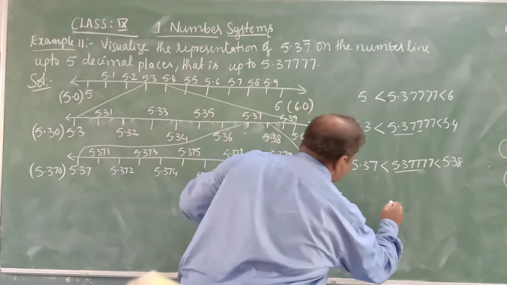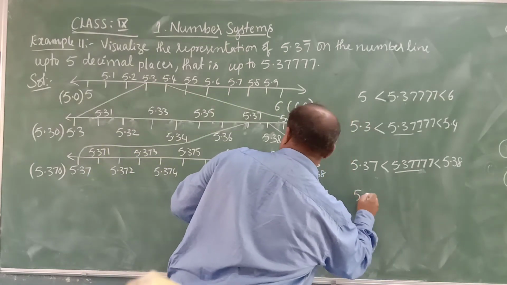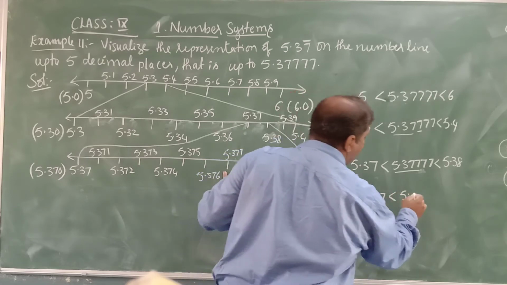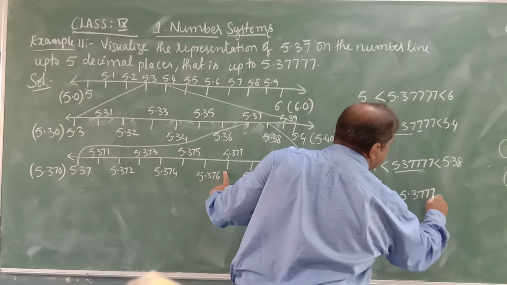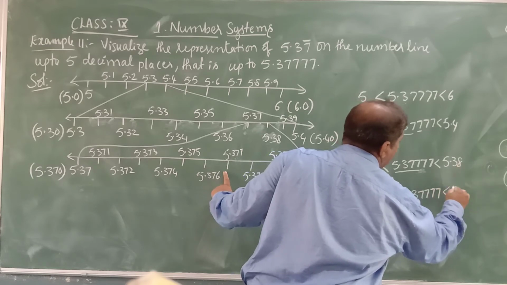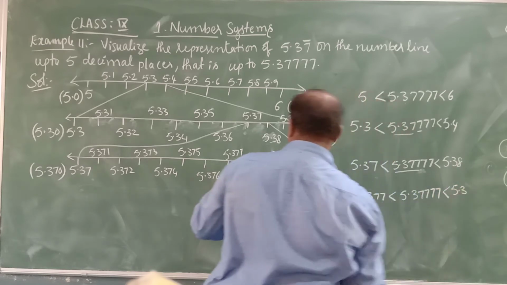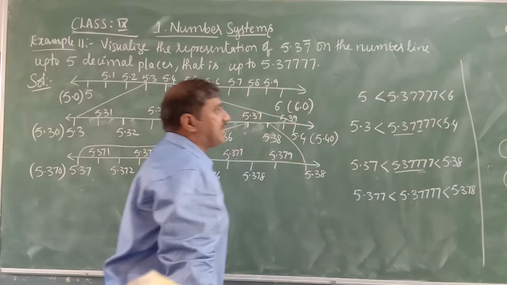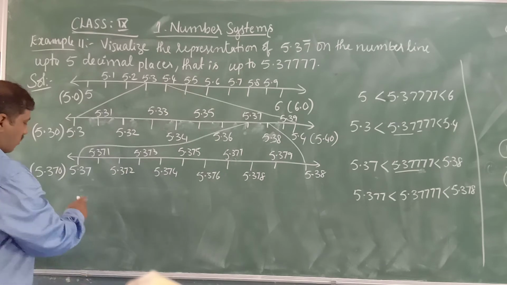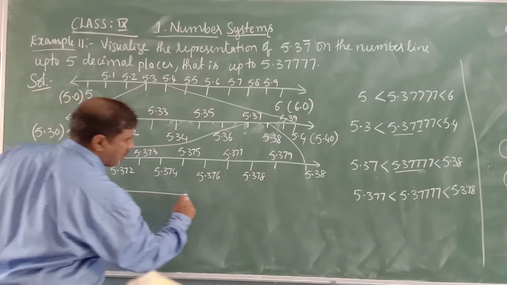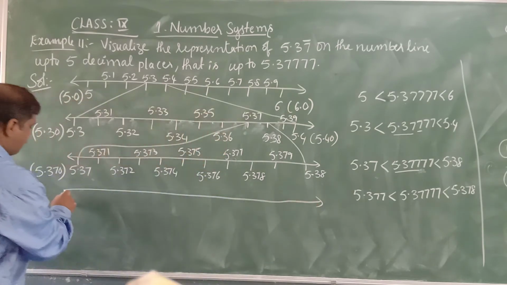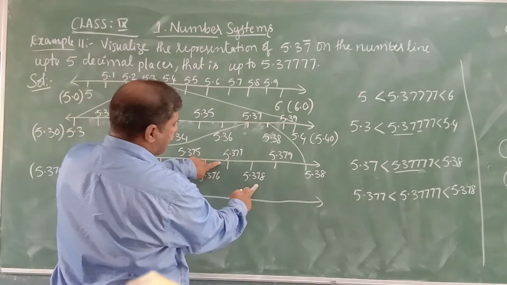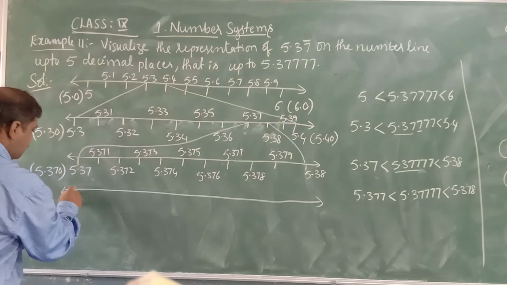So the next step: 5.377 is less than 5.3777, which is less than 5.378. Now what we have to do is divide the space between 5.377 and 5.378 into 10 equal parts.